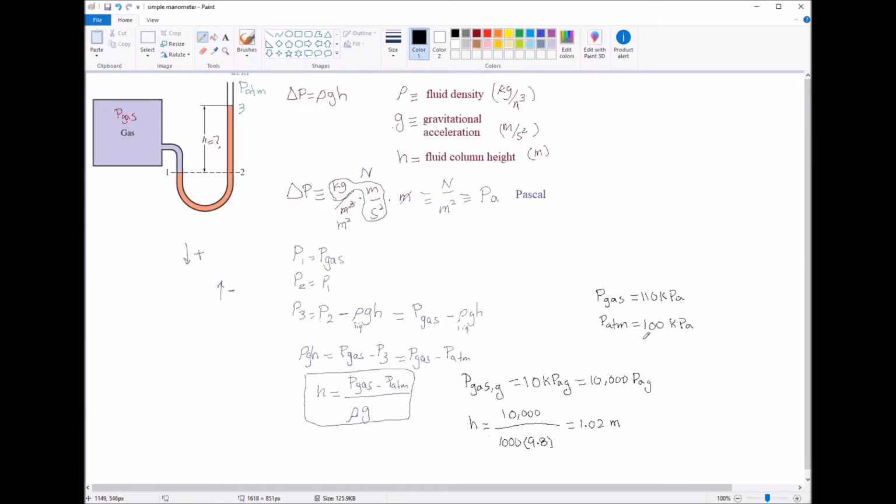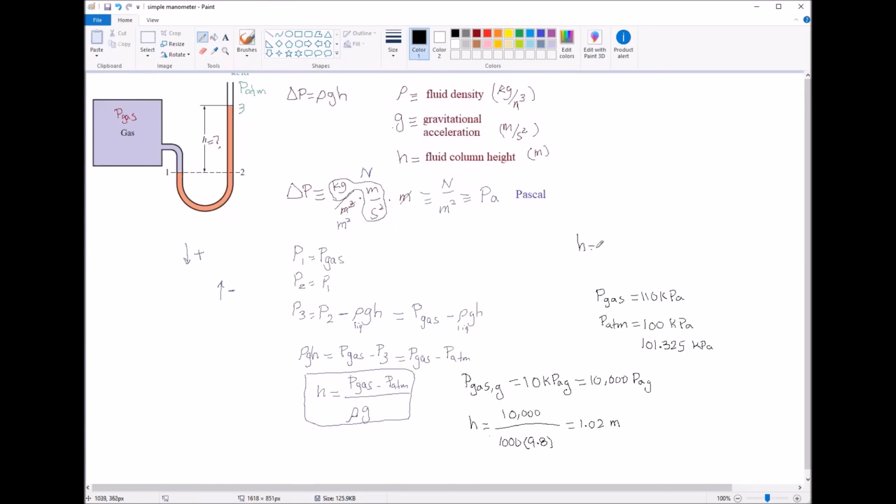To be exact, at sea level, standard atmospheric pressure is 101.325 kilopascals. So in calculating H, in this case, pressure given as absolute pressure, I have to subtract atmospheric pressure from it.